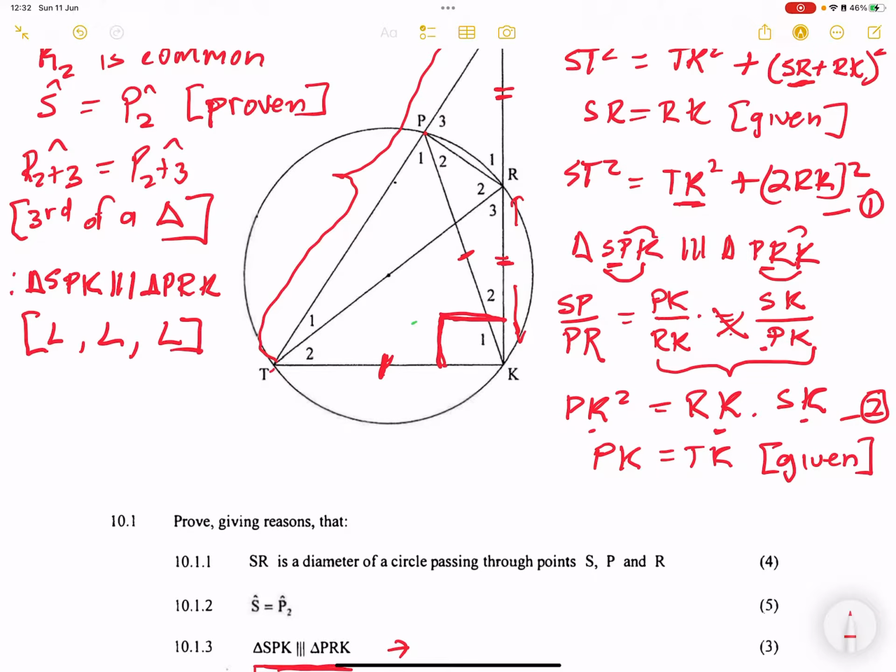Now, if they are equal, then we can substitute PK in the place of TK. So we are substituting equation 2 into equation 1. So ST squared is equal to, instead of TK squared, I am going to put PK squared there.